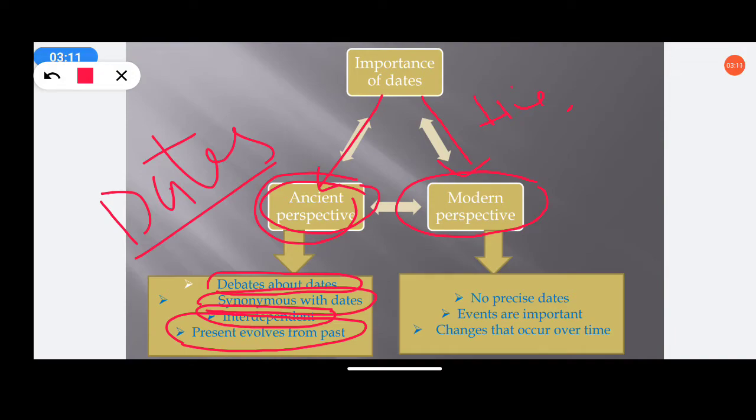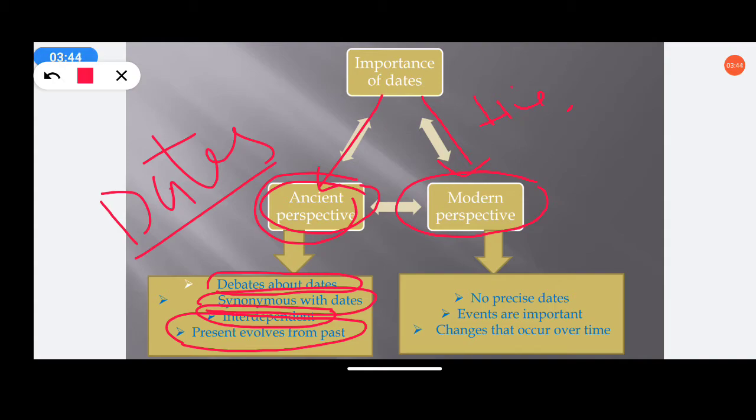But coming to the modern perspective, here in the modern perspective, we have to discuss the viewpoint of modern historians regarding the importance of dates in history. Dear students, the viewpoint given by modern historians is in contradiction with the viewpoint given by the ancient historians, because modern historians gave vital importance to events in history, rather than dates.